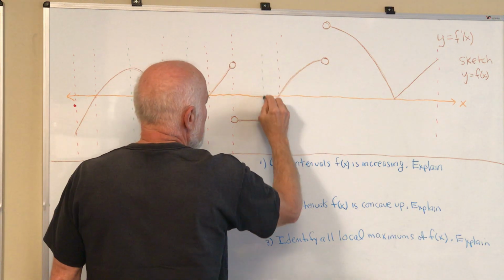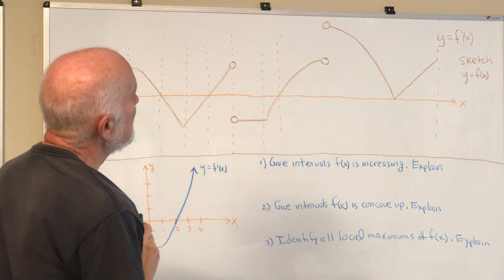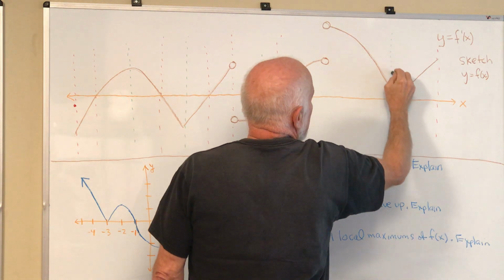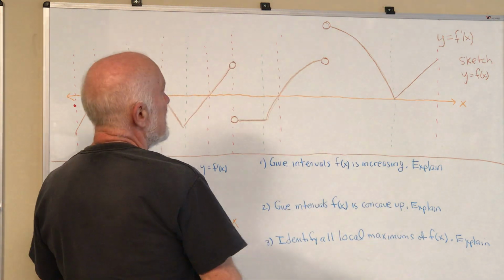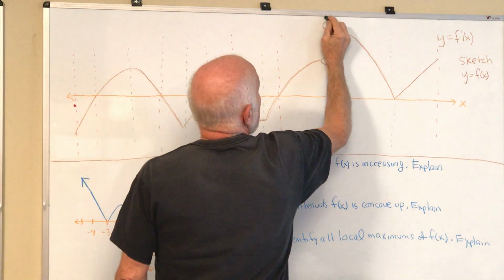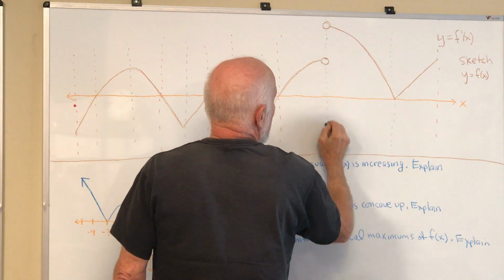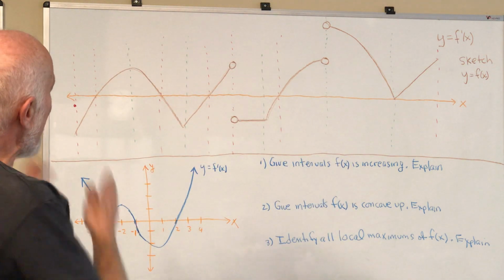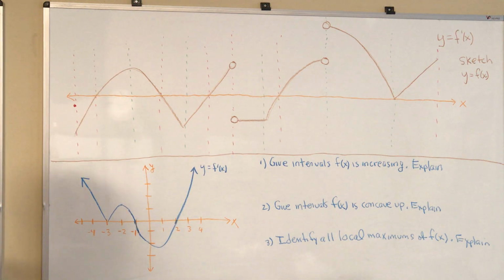So that's also got to be a change. And here it goes from decreasing to increasing. And then this just looks like a place where something interesting is happening because the derivative doesn't exist at that point.